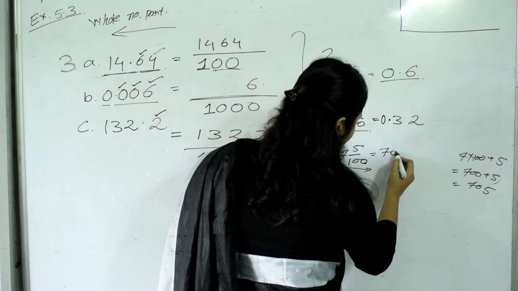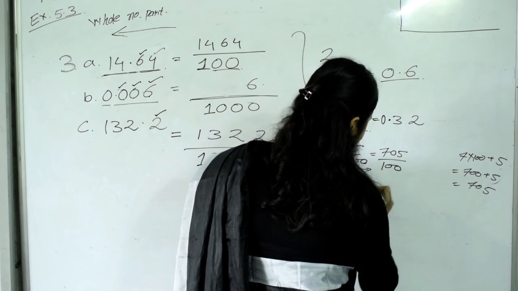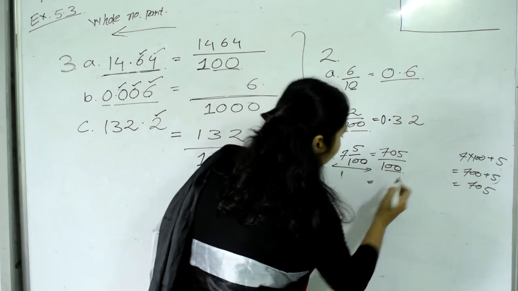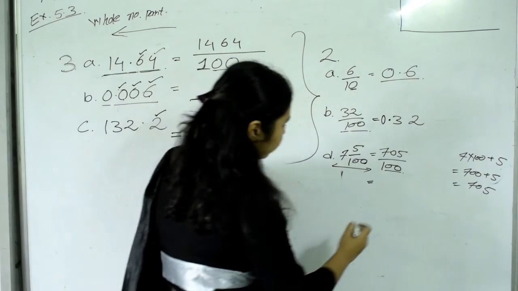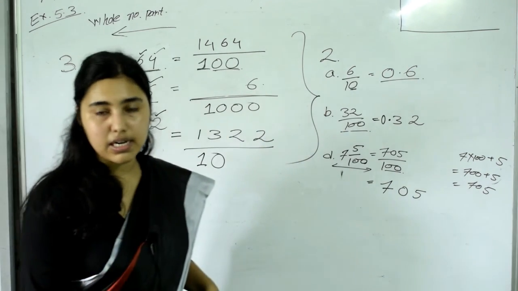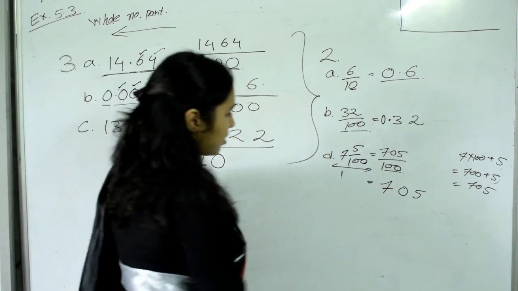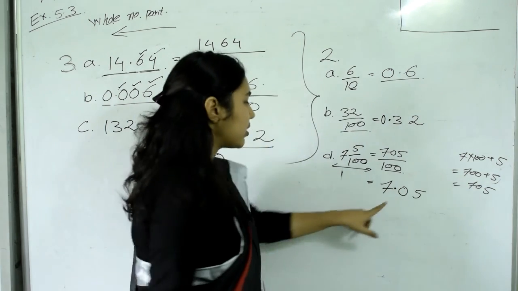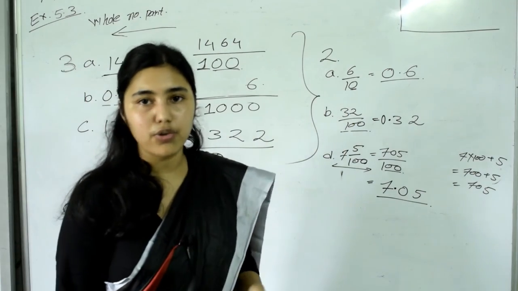Now look at the denominator. Here also 1 is followed by 2 zeros, right? So insert the decimal point before 2 decimal places. So 1, 2. So insert the decimal point here. So our answer is 7.05.